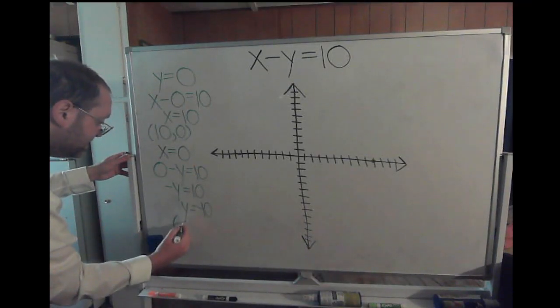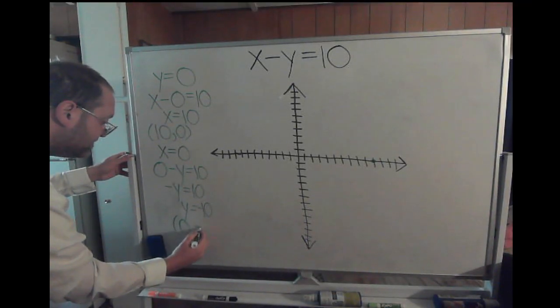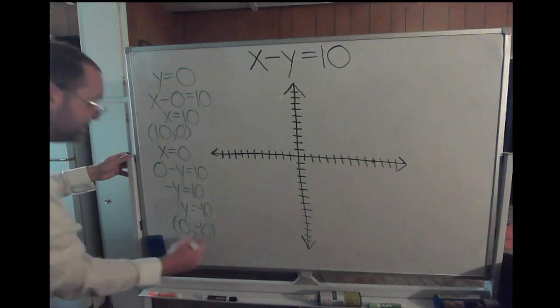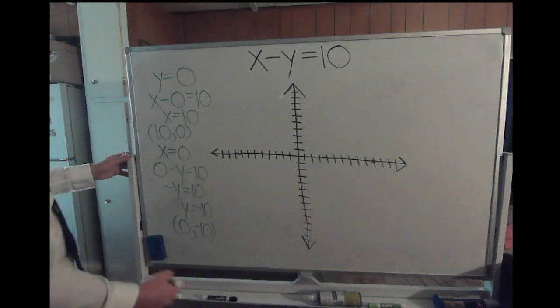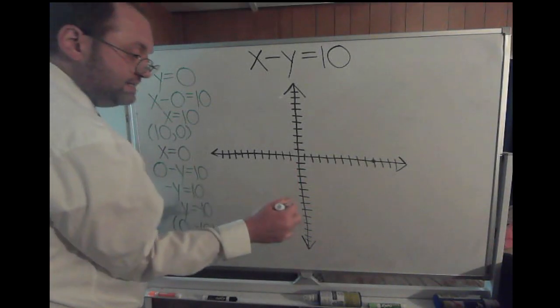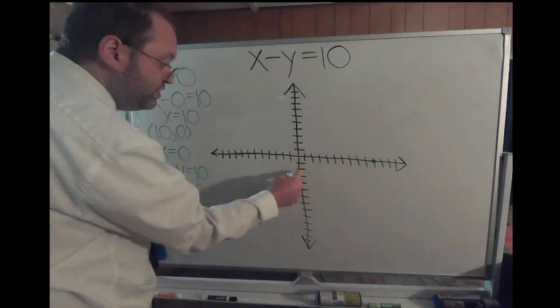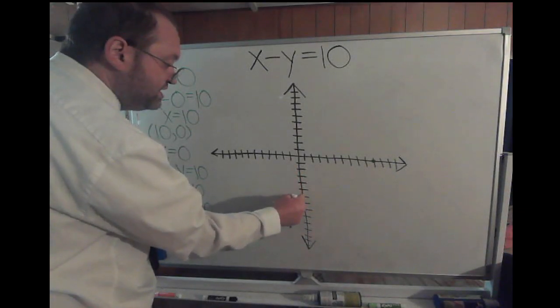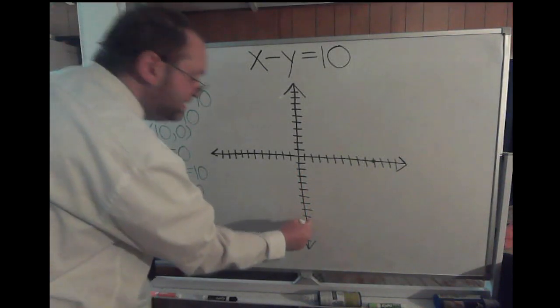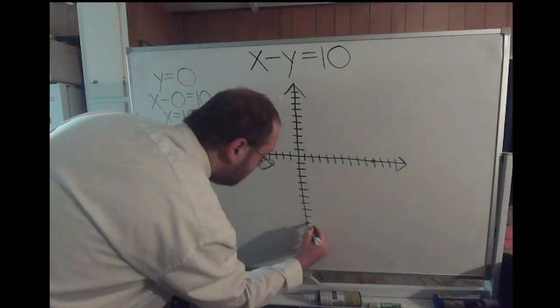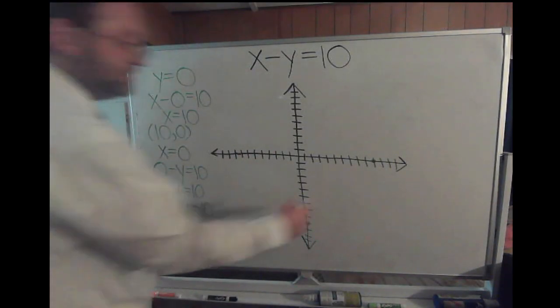So when x is 0, y is negative 10. So you also get the point 0, negative 10. So now plotted at 0, negative 10. All right, so we've plotted the 2 points.